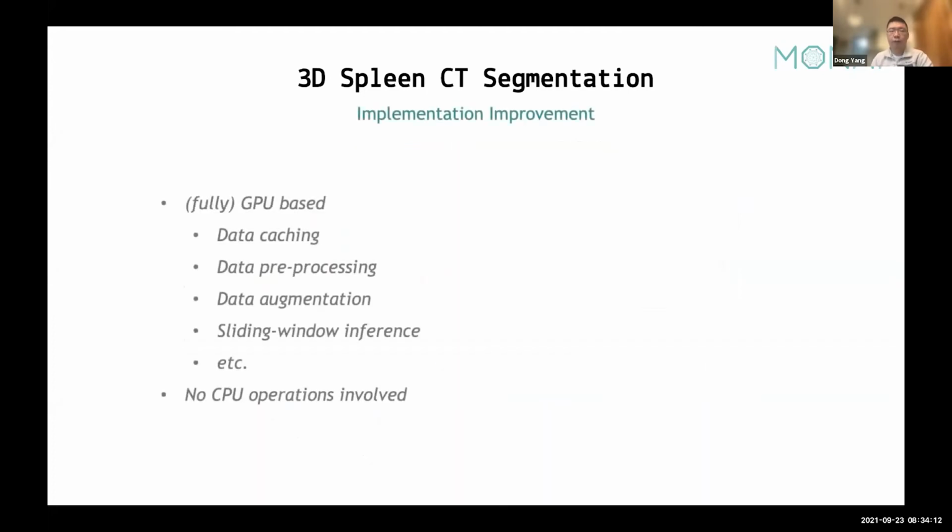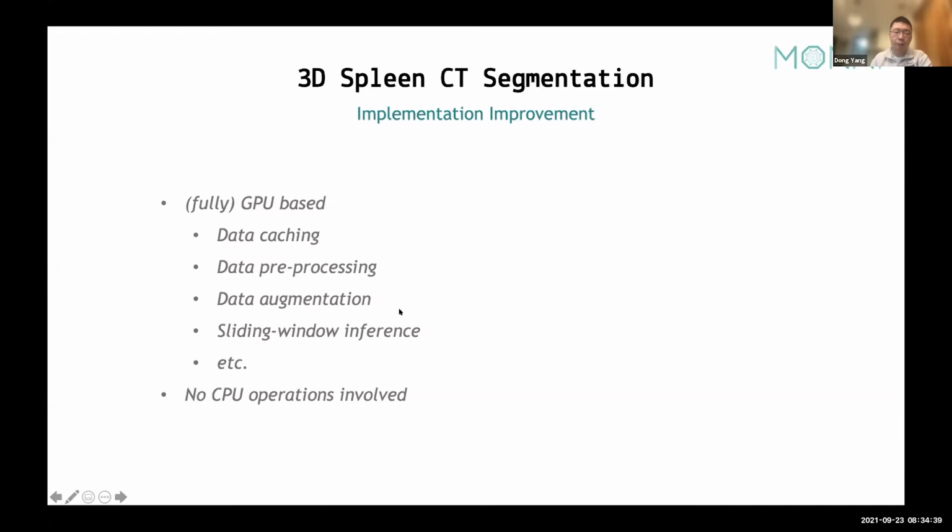And there are also other implementation improvements. I guess yesterday Nick, one of our colleagues, gave a presentation about it. Now we have fully GPU-based data caching. We cache the intermediate data or original data into GPU, with GPU-based data pre-processing, augmentation, and also a fully GPU-based sliding window.